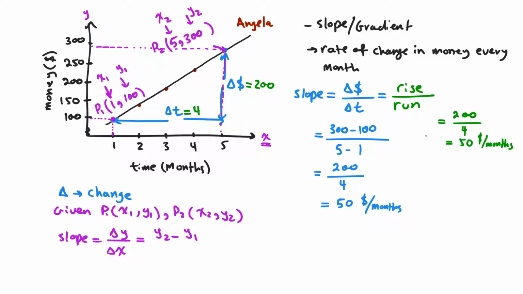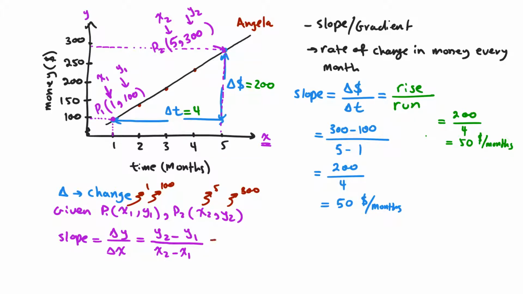So I can write that as divided by x2 minus x1. So in our example again, x1 is 1, y1 is 100, x2 is 5, and y2 is 300.